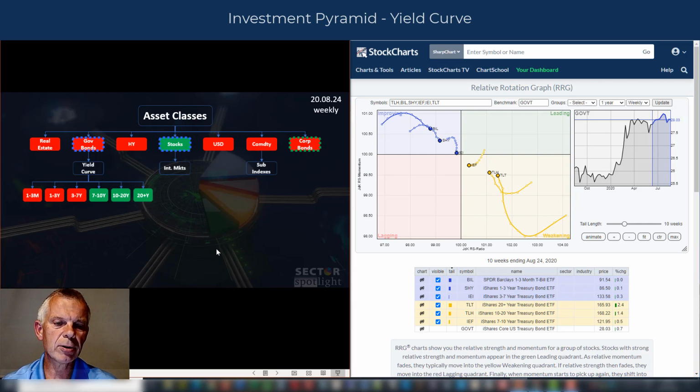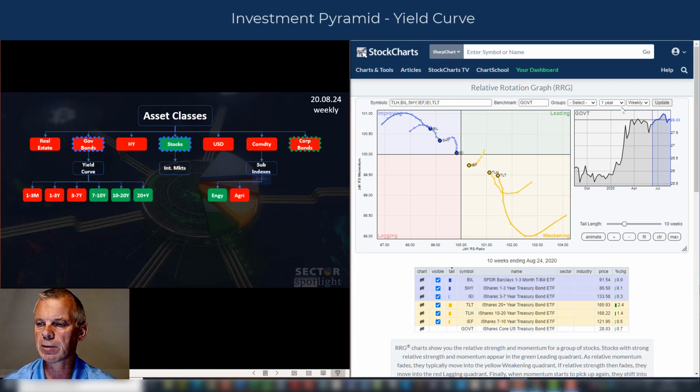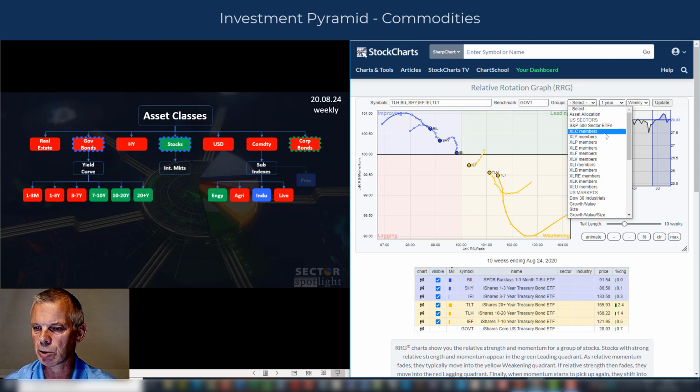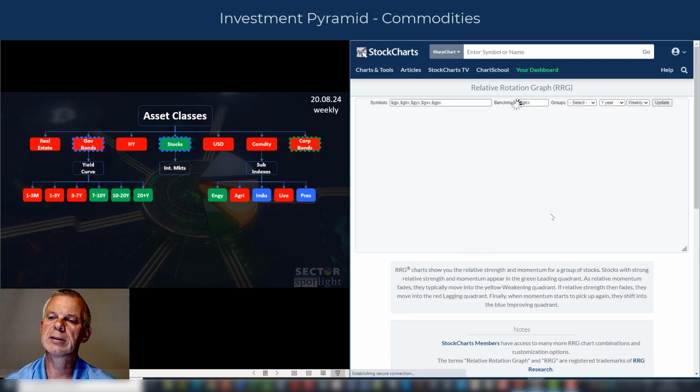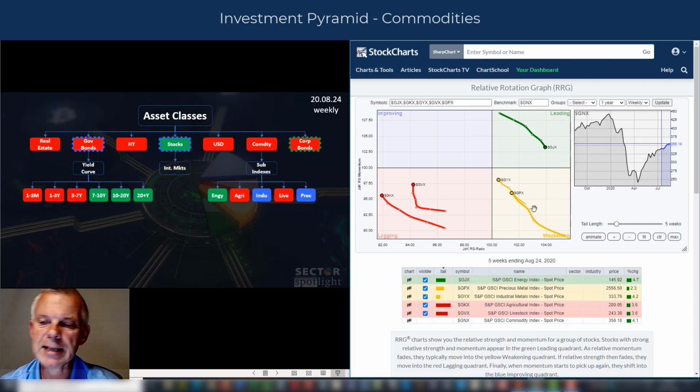If we continue here and have a quick look at what happens in commodities, using the GSCI commodity groups, we see that the energy tail is rolling over, but it's the only one inside the leading quadrant, and it's still looking pretty good.